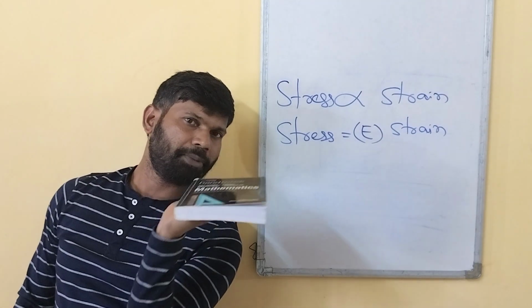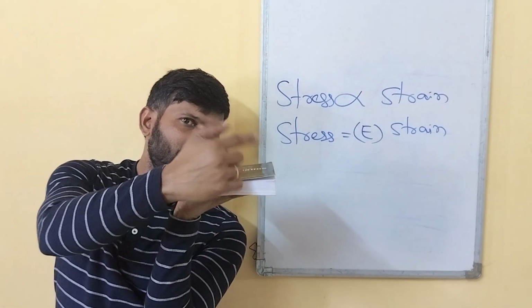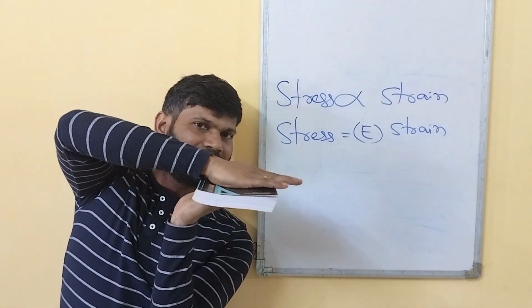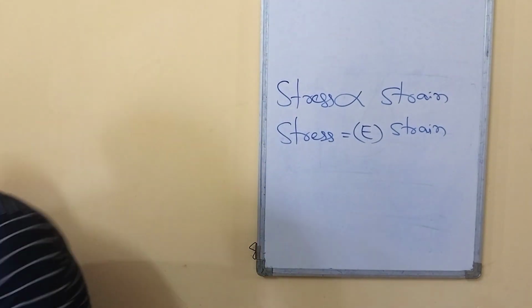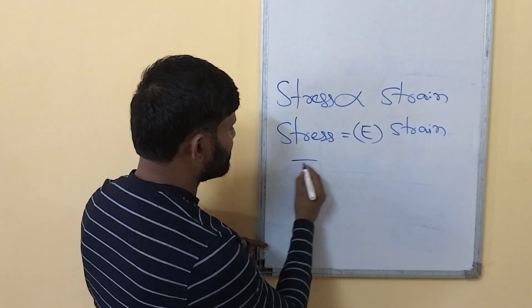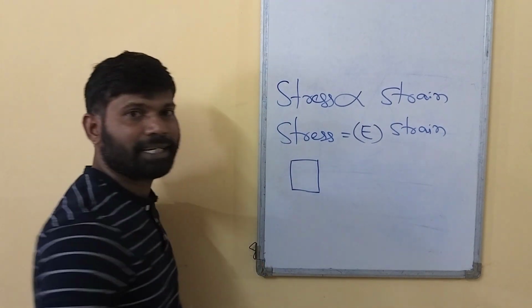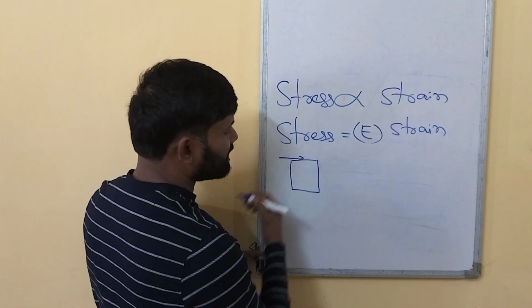This is the original shape. You are able to visualize the original shape. Now I am applying the force tangentially. Then the shape changed. How it changed? I will draw this. Originally you are seeing like this, without force. Now I will apply the force along this direction.